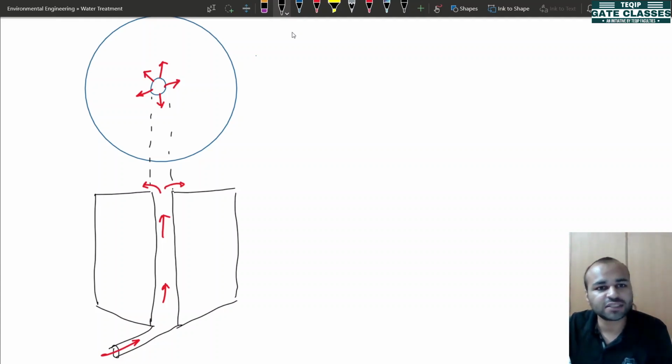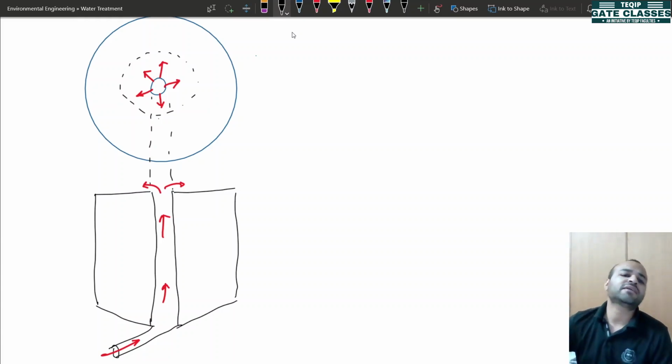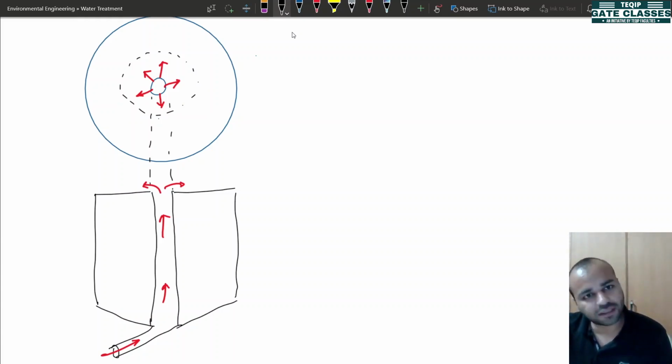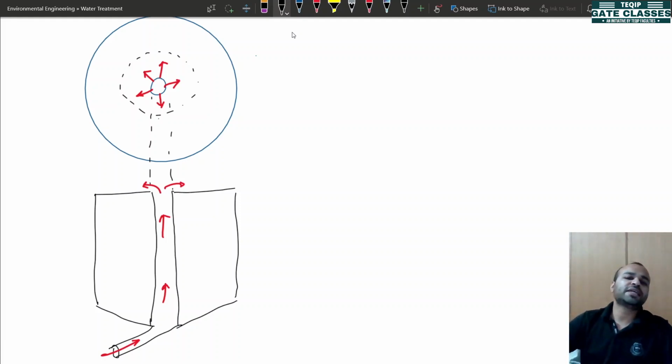Why does it reduce? Because the radius is increasing, and secondly, the circumference is also increasing. Due to the increase in radius, the area increases. As the flow area increases, the velocity of flow is observed to reduce.